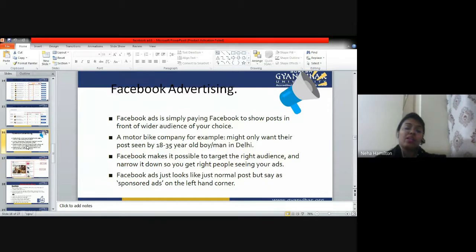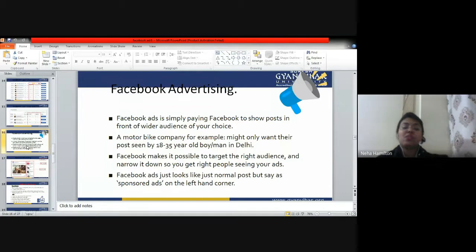But if you are showing a motorbike ad to an 18 to 35-year-old man or boy, then this is definitely going to work. You are reaching the right audience. So this is the most beneficial thing about Facebook, that you can reach the target audience who are meant to be your target customers.